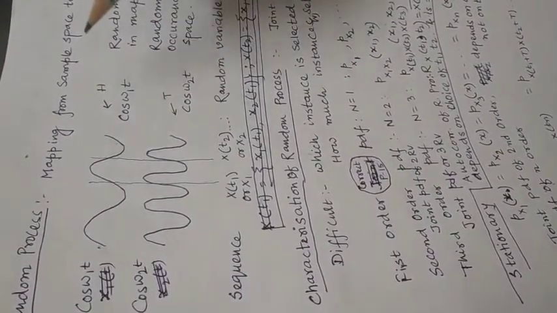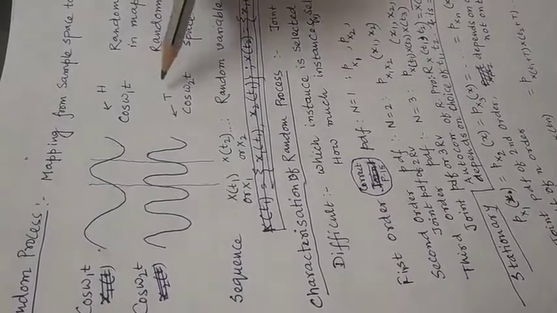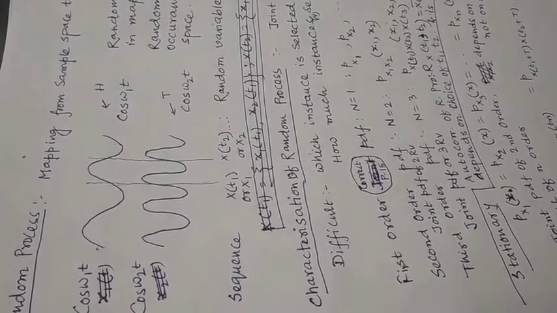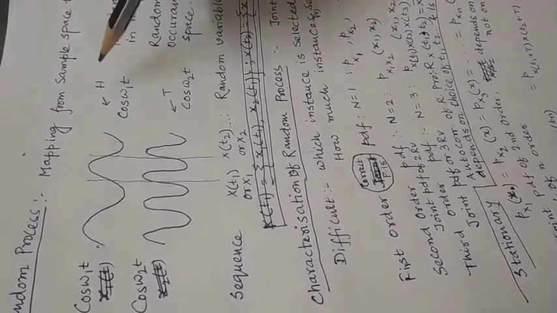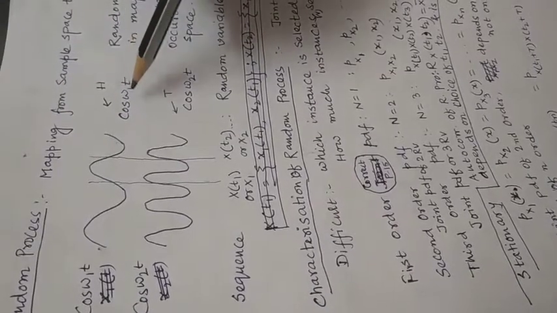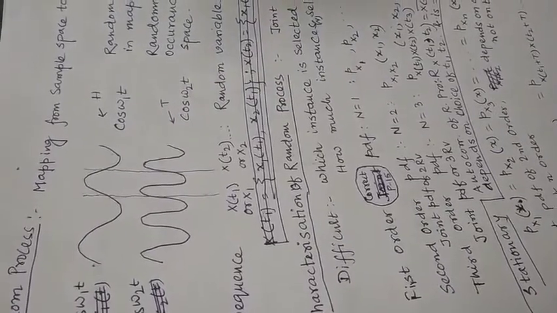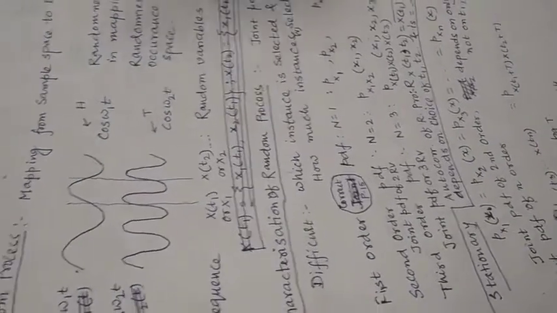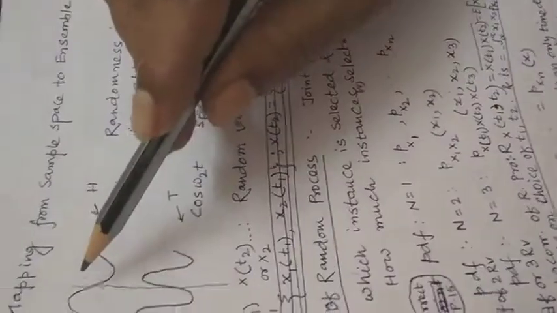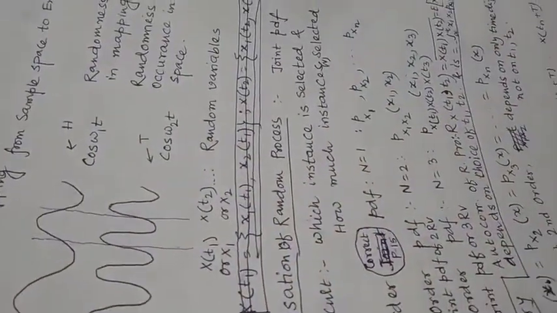In the case of a random variable, you map head to 1 and tail to 0 on the real line. But here you map head to cos omega 1t and tail to cos omega 2t. It is also a mapping, but from the sample space to a set of waveforms.